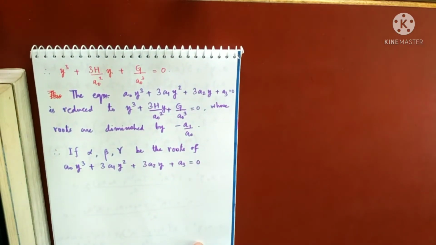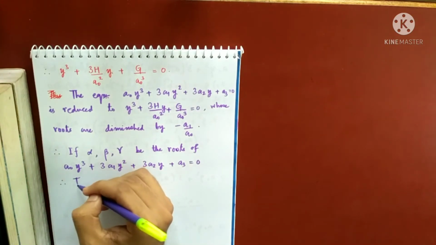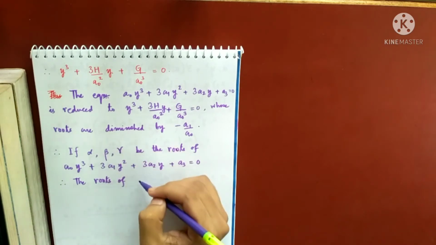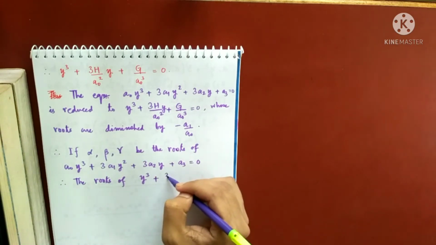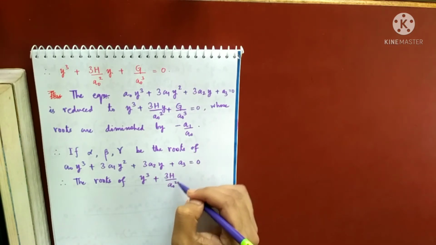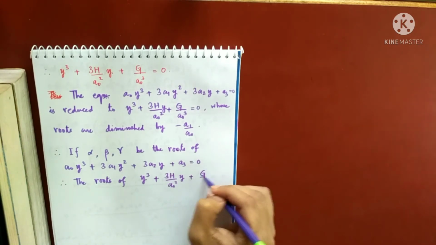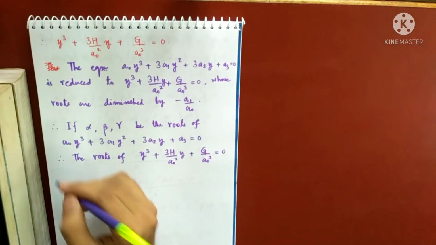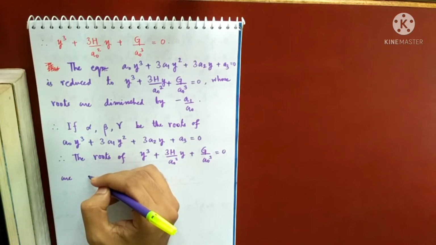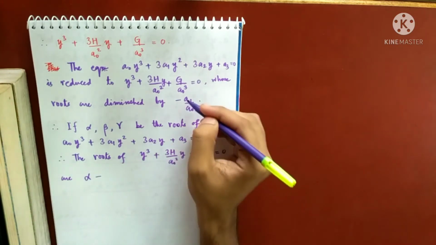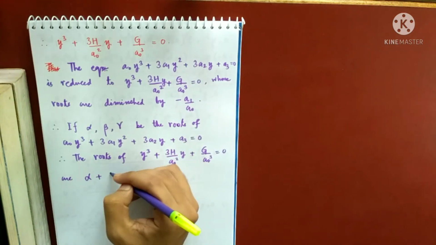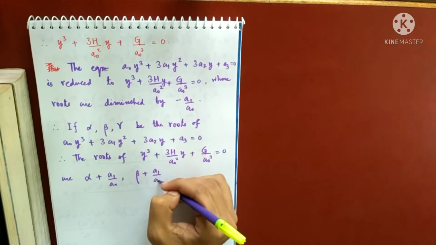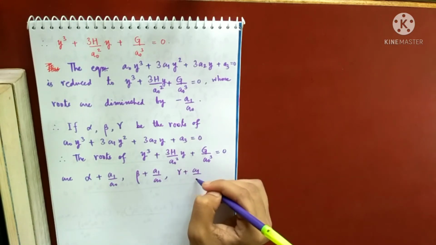If alpha, beta, gamma are the roots of the original equation, then the roots of this equation, y cube plus 3h by a naught square y plus g by a naught cube equals 0, are h less, that means alpha minus h, so alpha plus a1 by a naught, beta plus a1 by a naught, and gamma plus a1 by a naught.